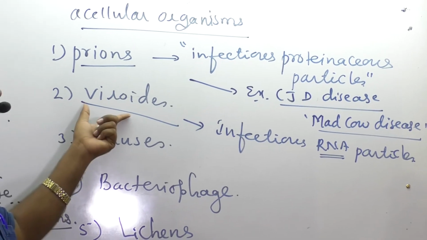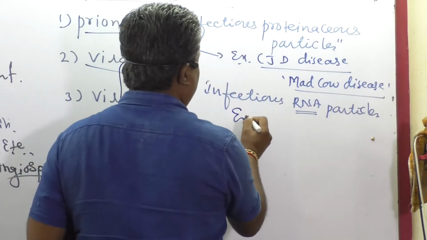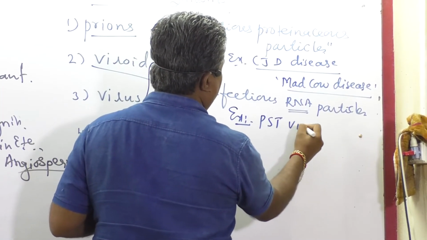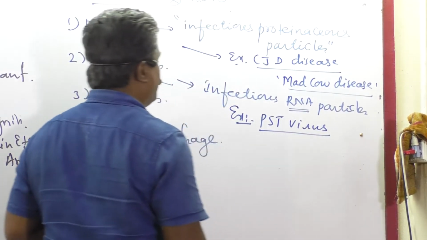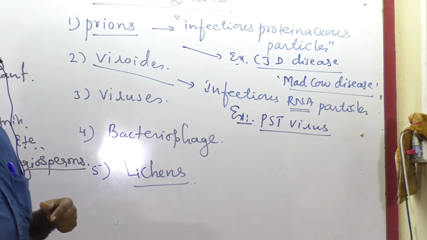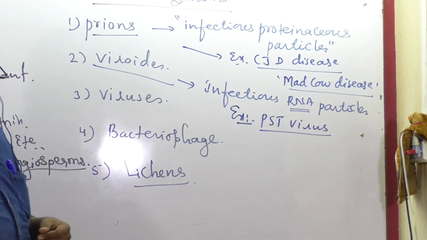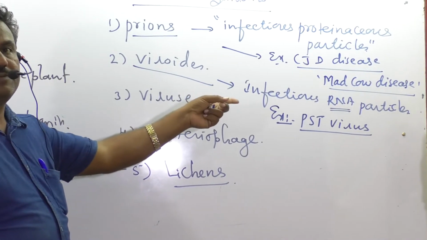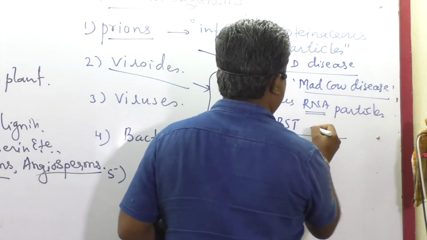They are called viroids. For example, potato spindle tuber, PSTV, the potato spindle tuber disease is caused by a viroid.